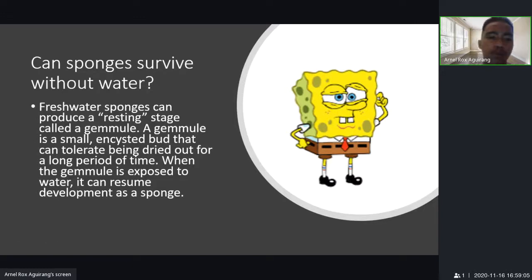When the gemmule is exposed to water, it can resume development as a sponge. It is like it encloses itself, and then waits for the water to return to continue growing as a sponge. So they can survive, a remarkable adaptation they have acquired.